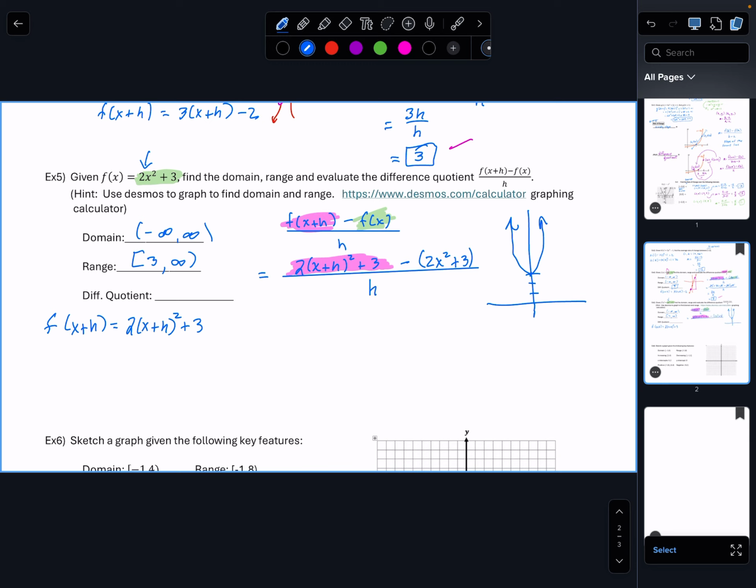And that is all over h. So there is your minus f of x. And now it's the algebra from here that you have to choose to delve into. For some people, it's easy. For other people, it is more of a struggle to get through it without making an error. And it is worth the time. Give yourself time to do it so that you can get every step.